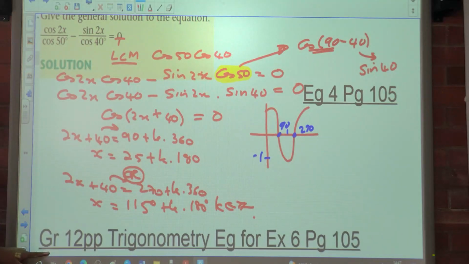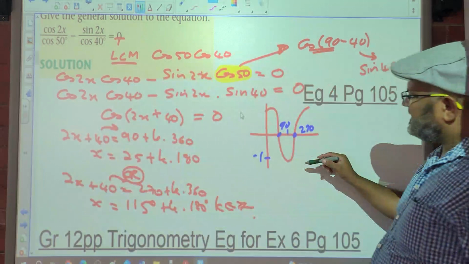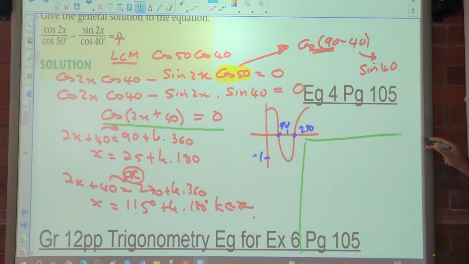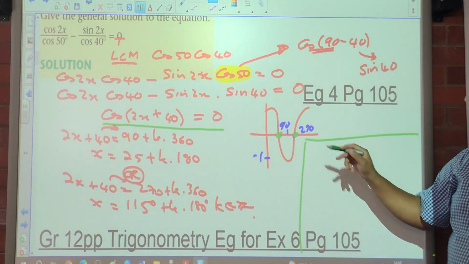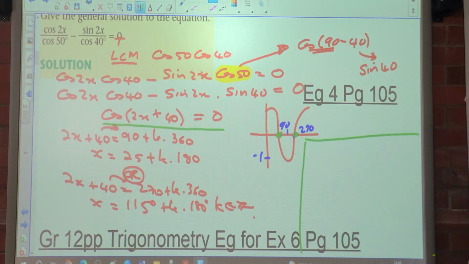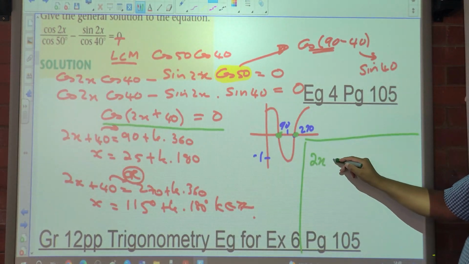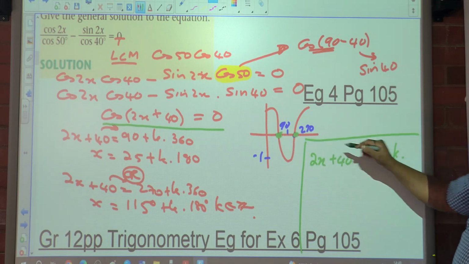Now somebody could say, not here in this class, somewhere else, but now we can see from this point that this solution happens every 180 degrees. Not so? So instead of drawing two branches, I can just write it as one: 2x plus 40 equals 90 plus k times 180, because it's happening every 180 degrees.